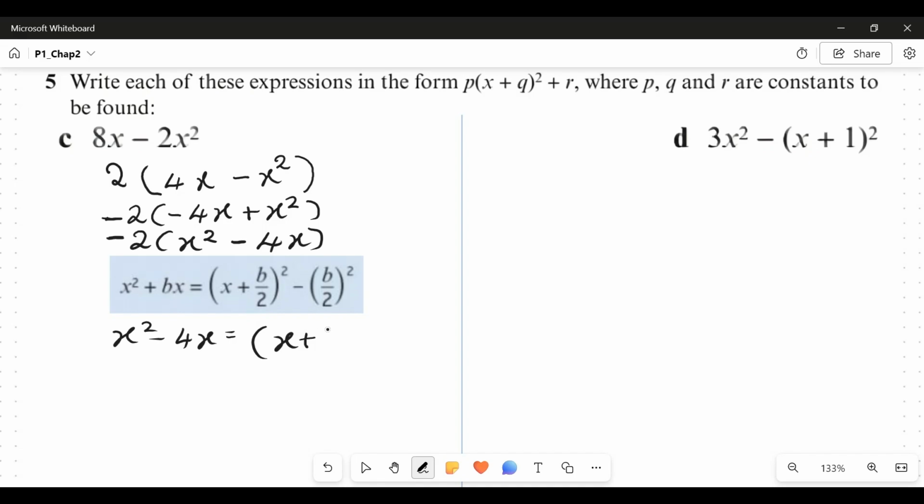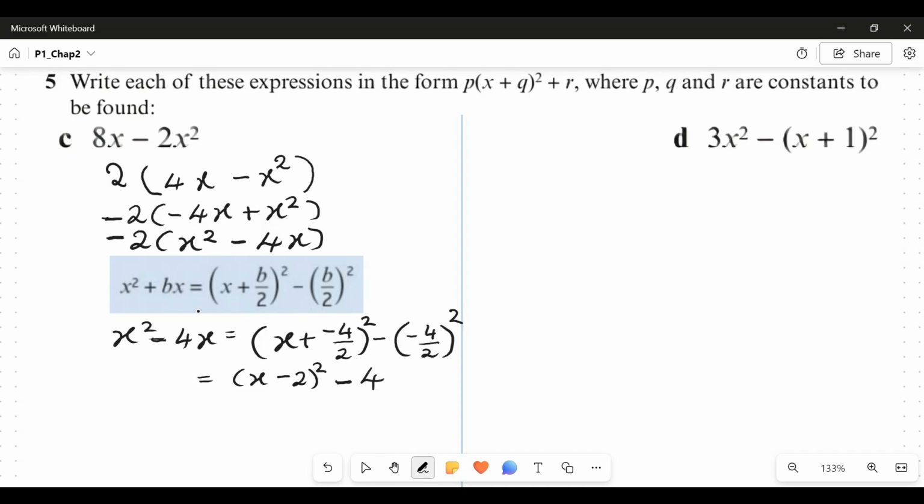So that's going to be minus 4 over 2 whole square minus, and the value of b is again minus 4, so that's minus 4 over 2 whole square. If we simplify that, we get x minus 2 whole square, and minus negative 4 over 2 is 2, and negative 2 whole square is 4, so we get minus 4.